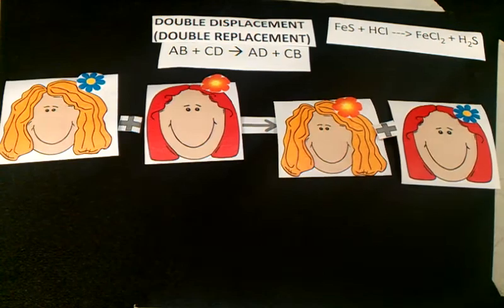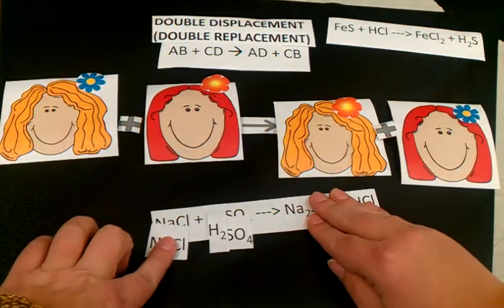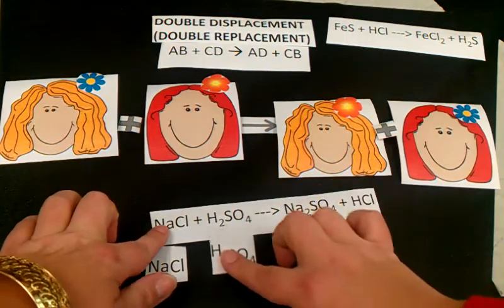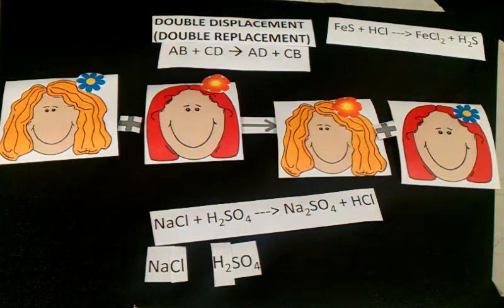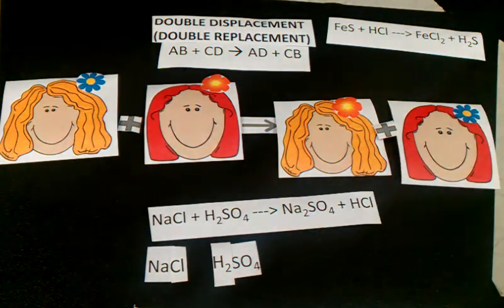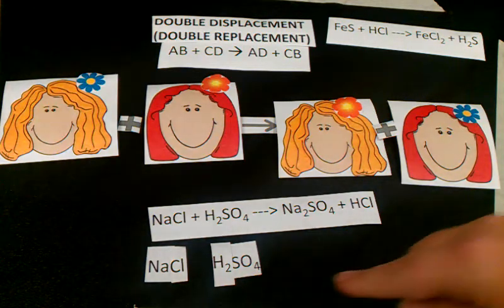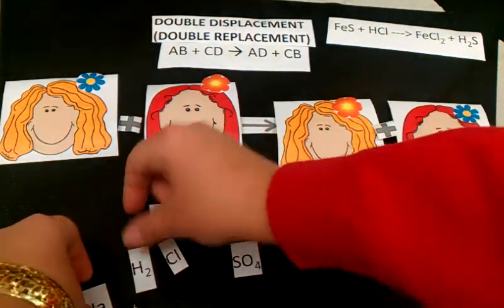Let's look at one more example, this time with a polyatomic ion. We've got sodium chloride, sodium and chlorine, bonded to hydrogen and sulfate. Same thing's going to happen. We're not going to be concerned because we have a big formula. Even though it has a polyatomic ion in it, same thing happens. We let the cations switch places.